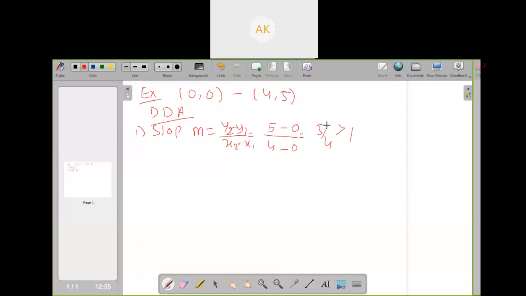When your m is greater than 1, what is the case? When m is greater than 1, y moves in unit interval and x moves with a slope deviation.